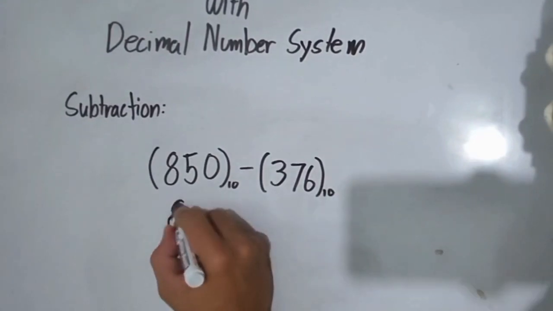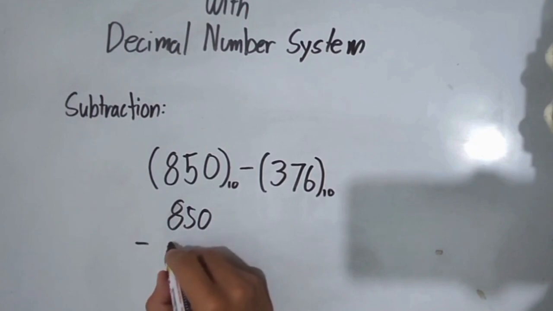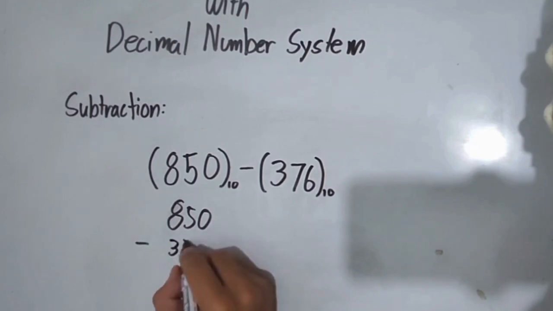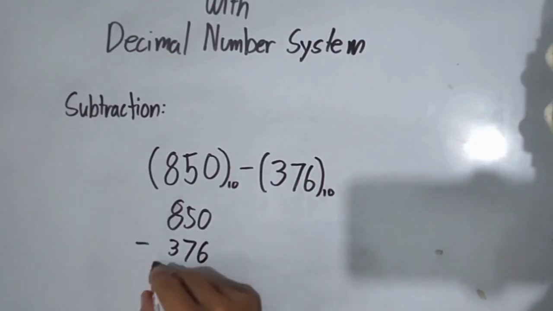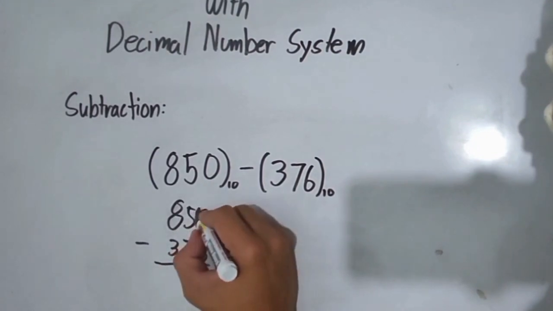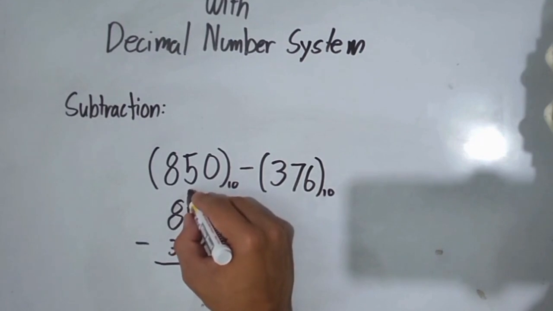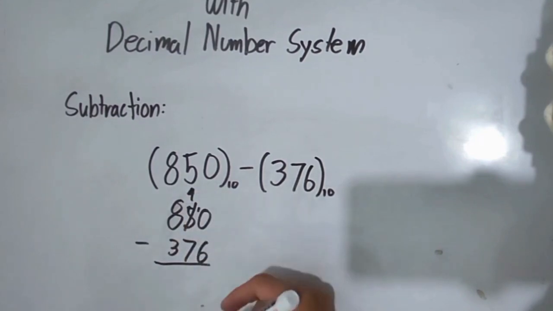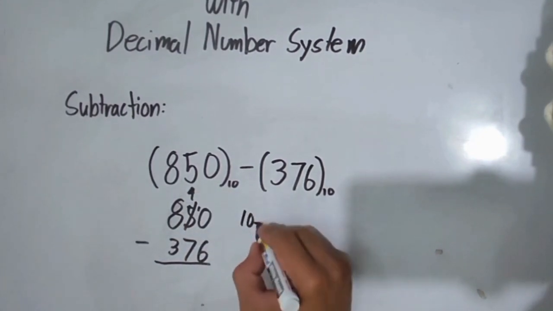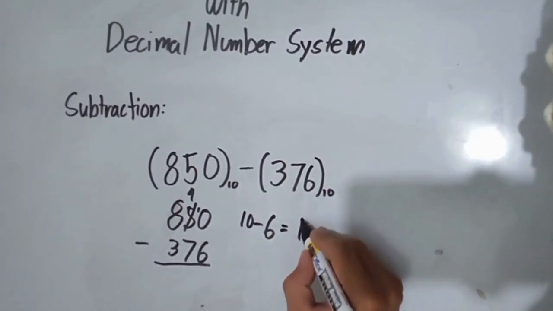Here, in our last example, we will have 850 base 10 minus 376 base 10. We can't do 0 minus 6, so we will borrow just like what we used to do. Now, 10 minus 6 is 4.